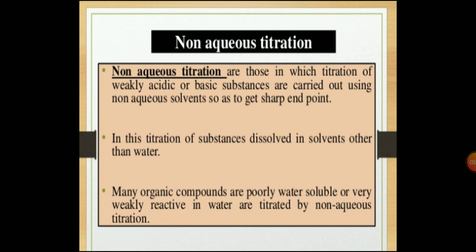The substance is dissolved in a solvent other than water. Mainly organic compounds that are poorly water soluble or very weakly reactive in water are titrated by non-aqueous titrations. So this is the exact meaning of non-aqueous titration.